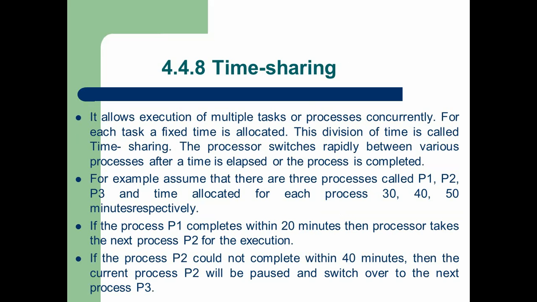Next one is time sharing. Of course, we already discussed time sharing in round robin. For example, if you open three programs, P1, P2, P3, all the programs are allocated a specific amount of processor time. For example, 30, 40, and 50. Then for the first 30 seconds P1 is going to execute, for the next 30 seconds P2 is going to execute, and for the third 30 seconds P3 is going to execute.